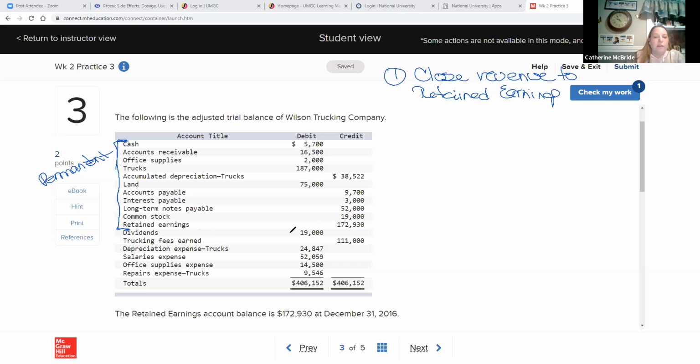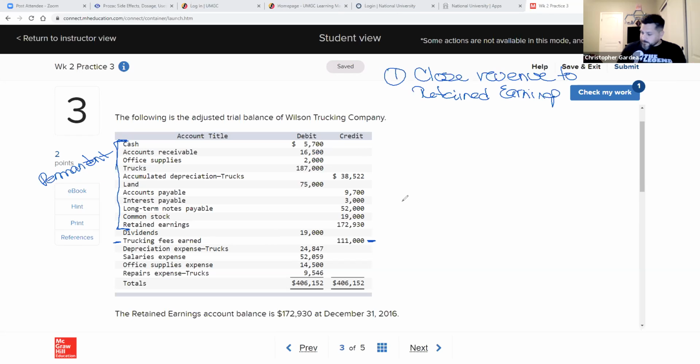So here is revenue. This is our trucking fees earned. That's our revenue account. If right now I have a $111,000 credit, what do I have to do to make it zero? Debit it. I have to debit it. So I'm going to debit trucking fees earned.